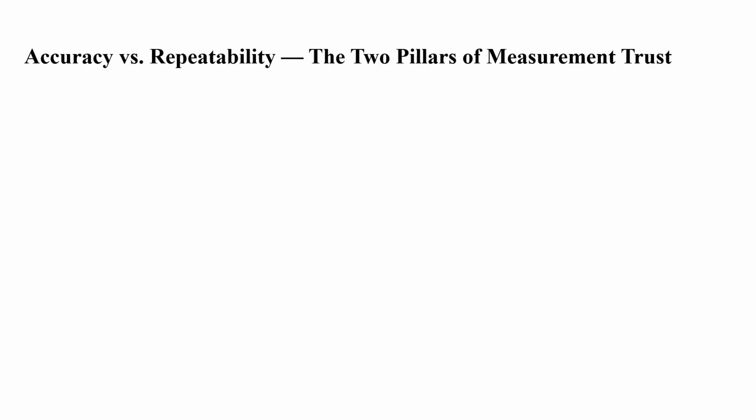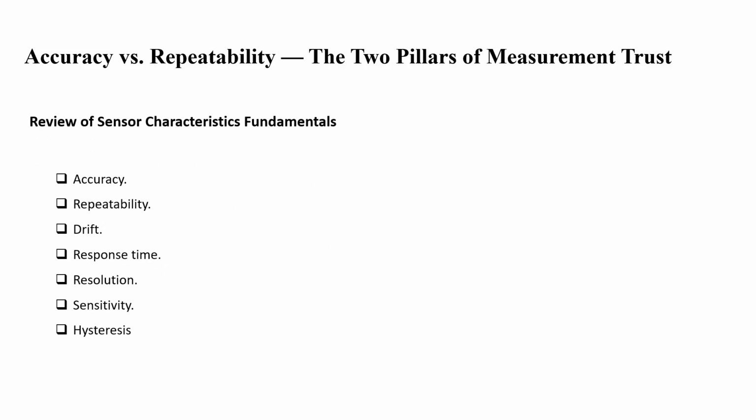Welcome back. In this module, we are going to do a quick review of the fundamental characteristics of sensors, the things that define how well a sensor actually does its job. You can see the list on the screen: accuracy, repeatability, drift, response time, resolution, sensitivity, and hysteresis. Now, we are not going to rush through all of these at once.